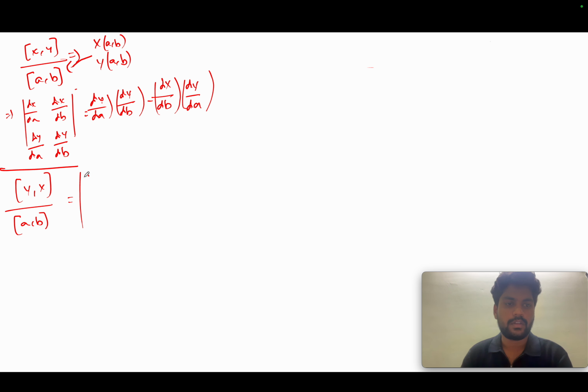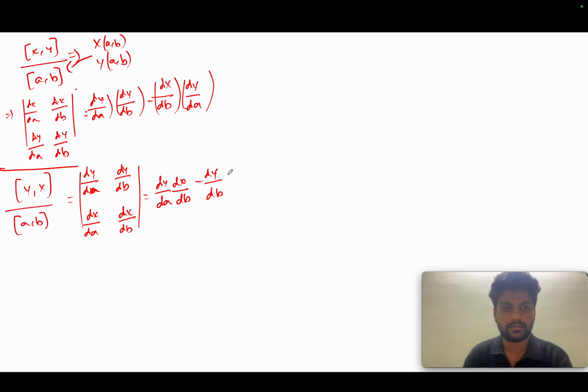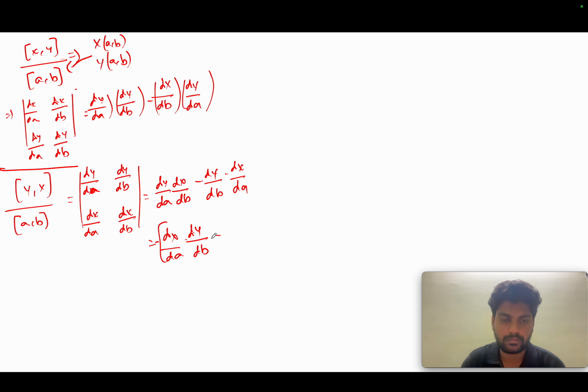So it is nothing but the Jacobian of x comma y.